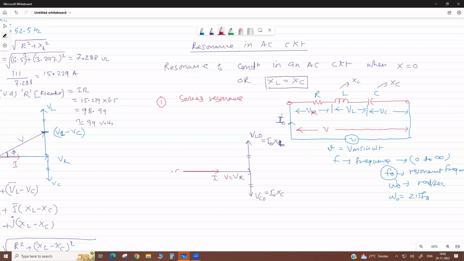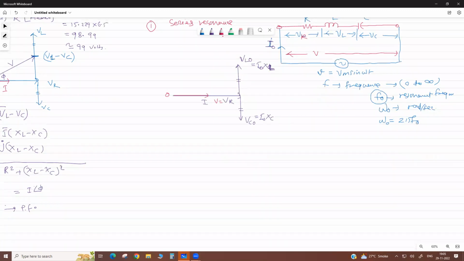This is the phasor diagram of the RLC series circuit. Now if we make an impedance triangle, this is your resistance R, and these are your reactances XL and XC.